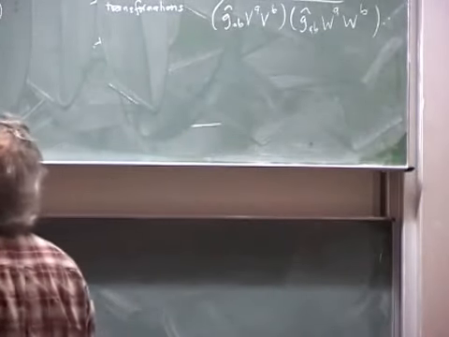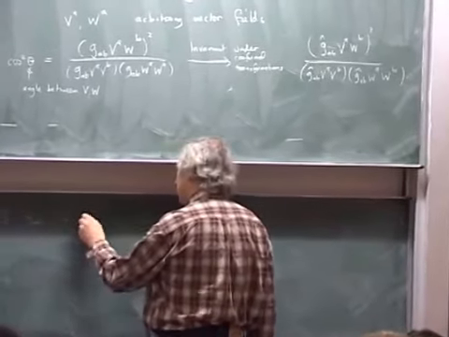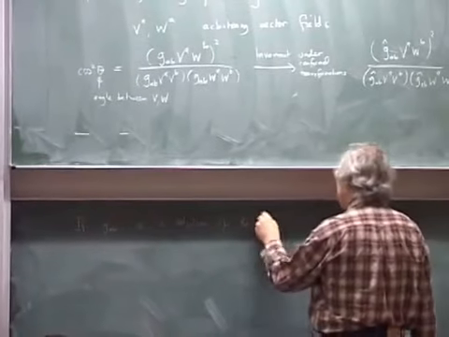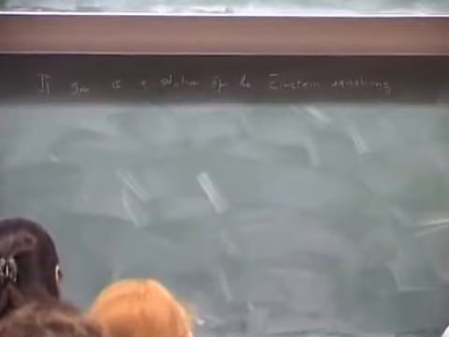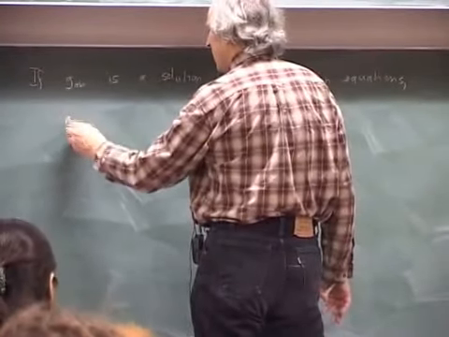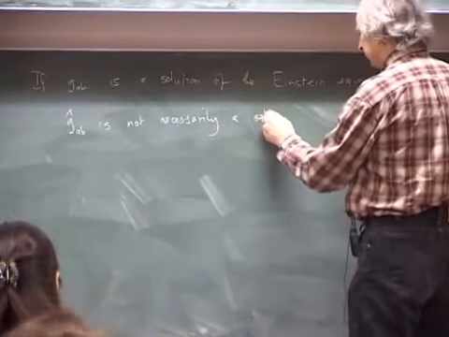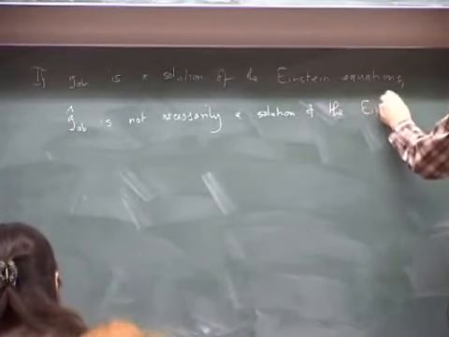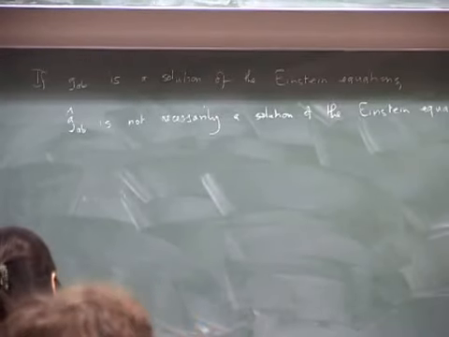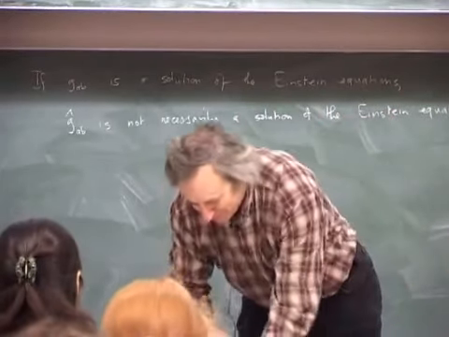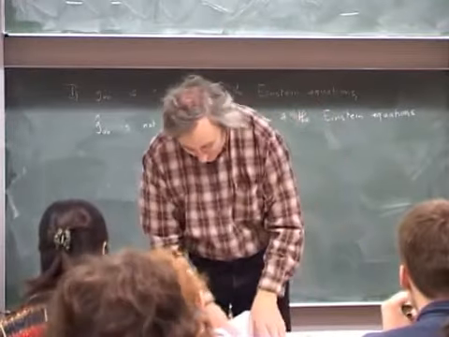However, if g_AB is a solution of the Einstein equations, it is not necessarily true that the conformally related one is a solution of the Einstein equations.